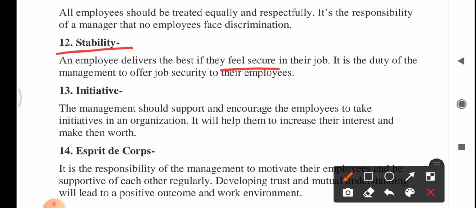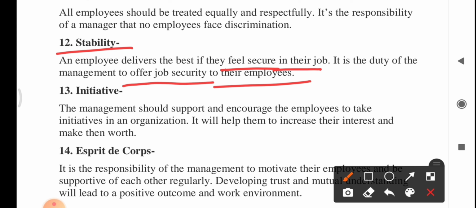The employee should feel secure in their job, and it is the duty of the management to offer job security. If you feel that after 6 months you will be fired or thrown out of the organization, you may not prefer to work with that institution.